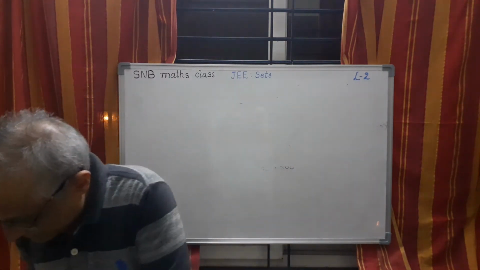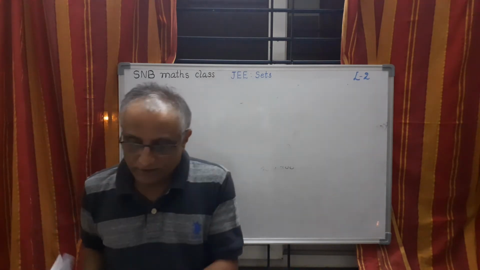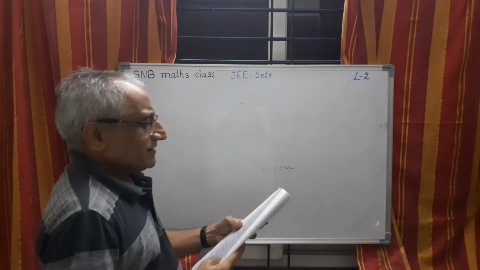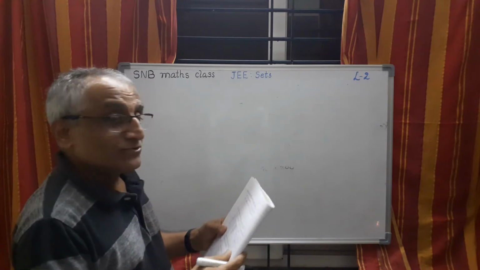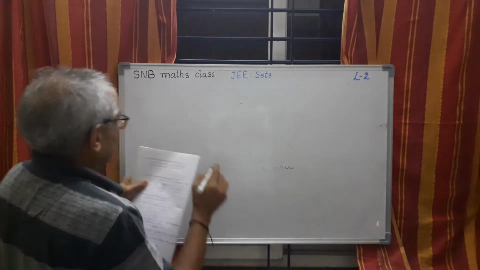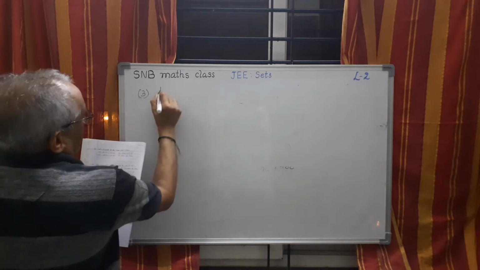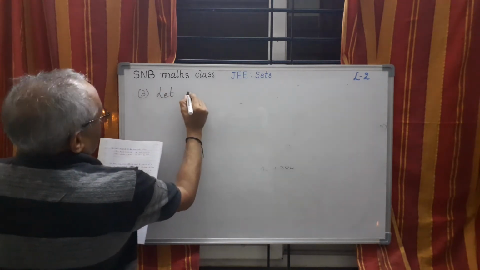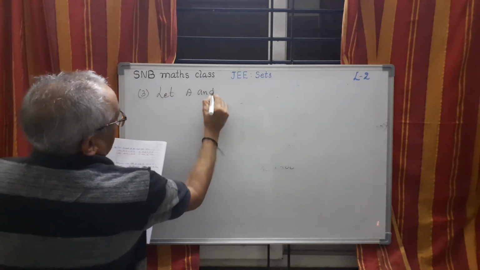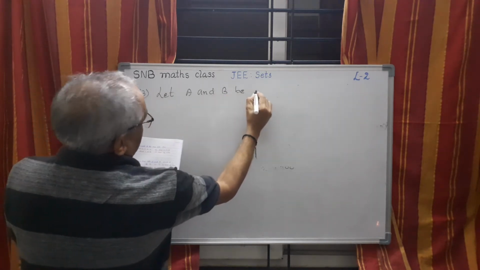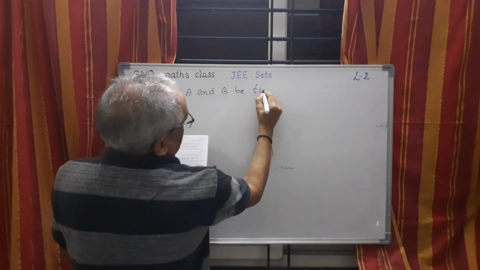Then the third question. This is very simple, but you should know the concept. Therefore, I have taken this question. Question number 3. Let A and B be two sets.